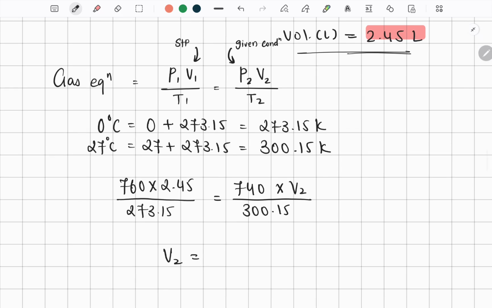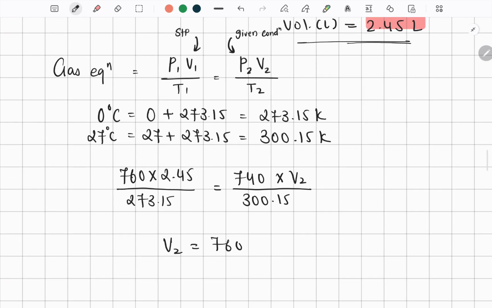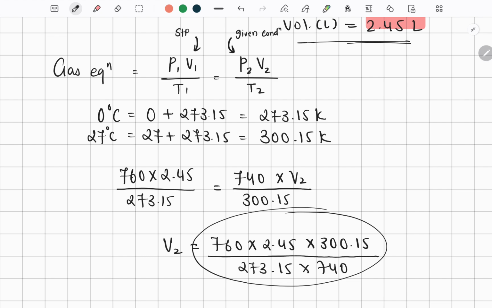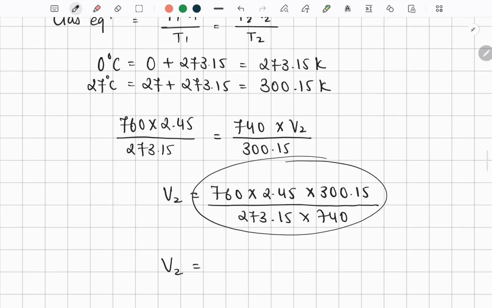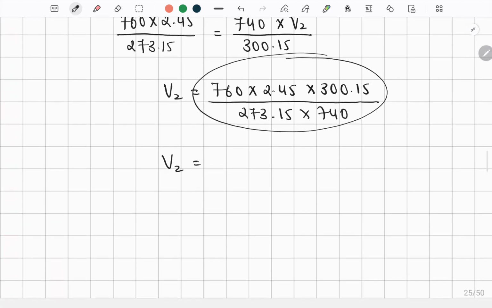So V2 is equal to 760 into 2.45 into 300.15 divided by 273.15 into 740. When you solve this calculation, you will get V2 equal to 2.76 liters.